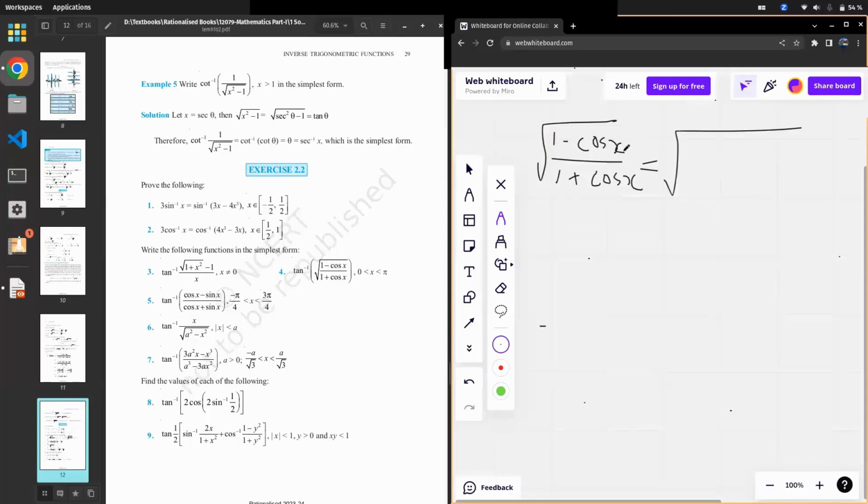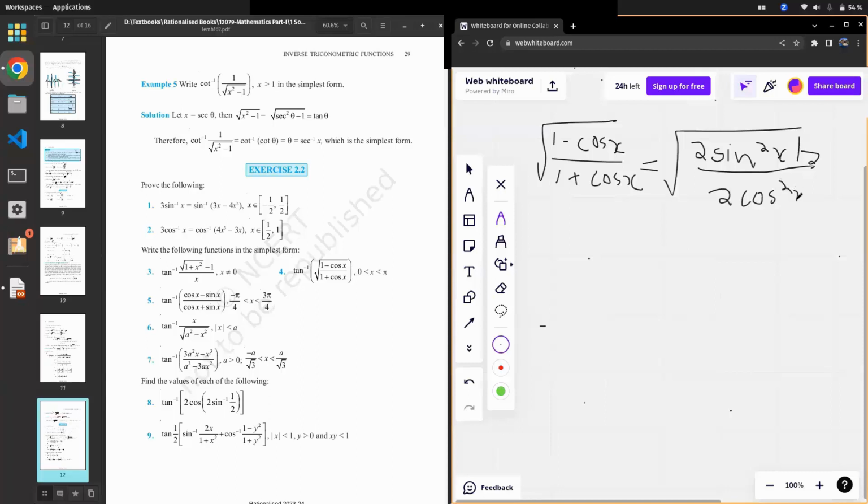In the numerator, since we want to remove the term 1, and there is a minus in front of cos x, we will write this in terms of sin square x by 2. So we'll get the numerator as 2 sin square x by 2, and we'll get the denominator as 2 cos square x by 2.